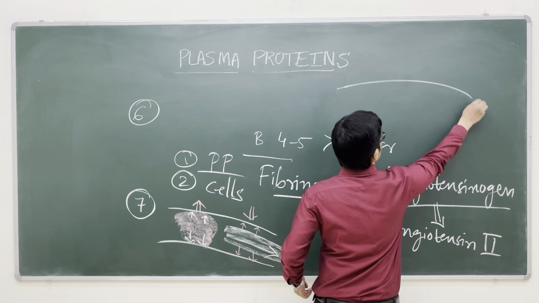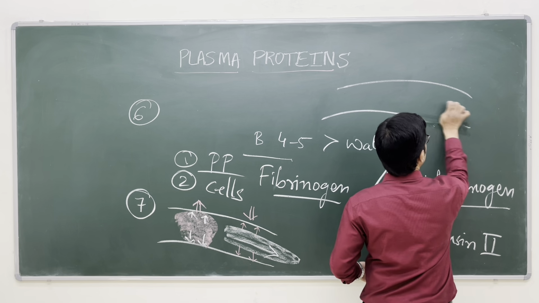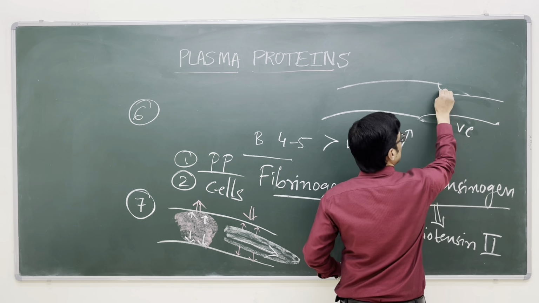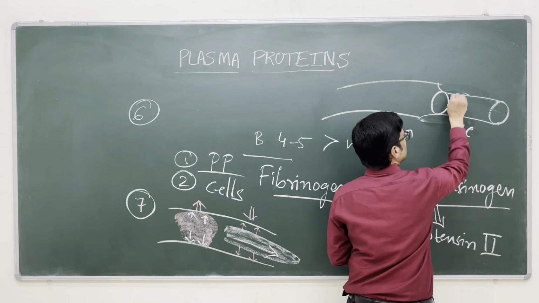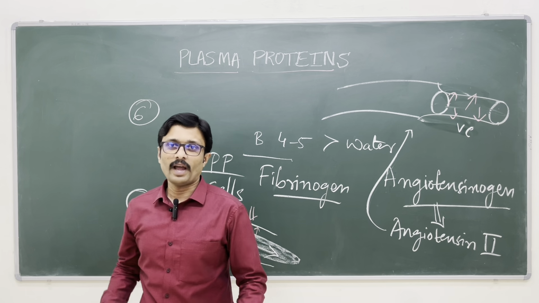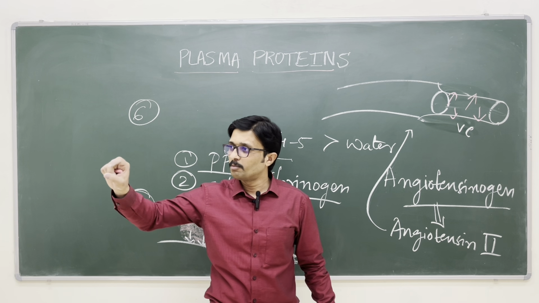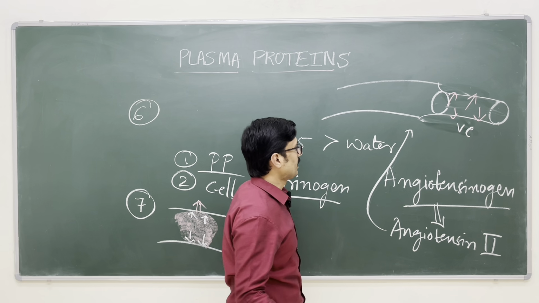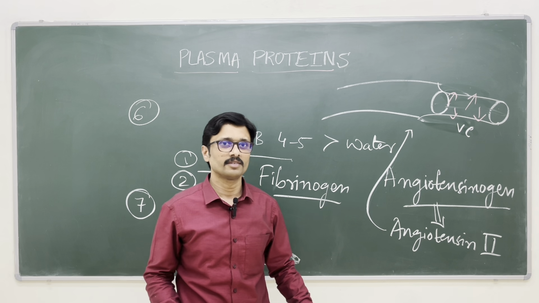If this is a blood vessel, because of the action of angiotensin 2 there is vasoconstriction, which means the lumen decreases. When the lumen decreases, more and more pressure will be exerted on the wall of the blood vessel by the blood flowing through it. So angiotensin 2 is the most potent vasoconstrictor. By constricting the blood vessels, the blood can exert more pressure, and thereby the blood pressure is brought back to normal when there is a fall in blood pressure.